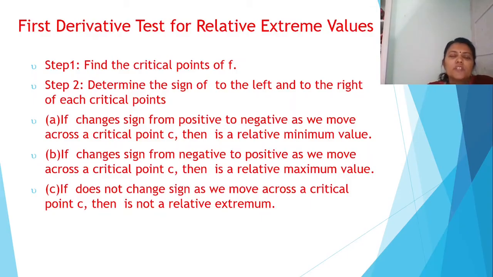Next portion is the first derivative test for relative extreme values. In step 1, you have to find the critical points of f. Critical point means where the derivative of f fails to exist or f dash x equals 0. Find those points.